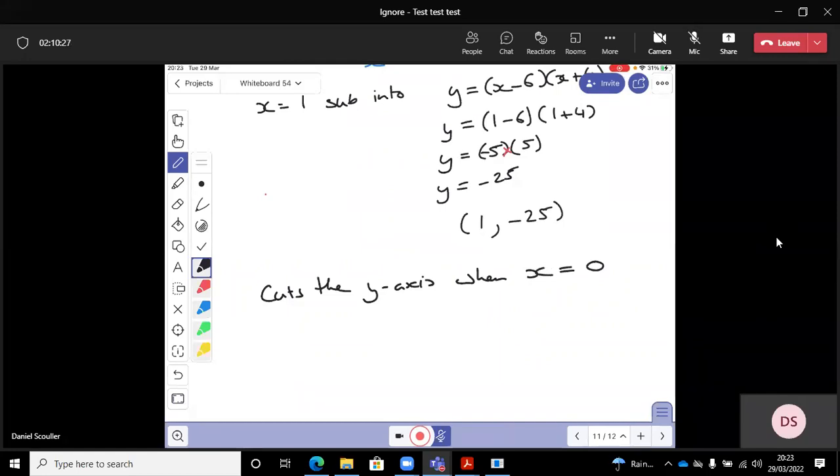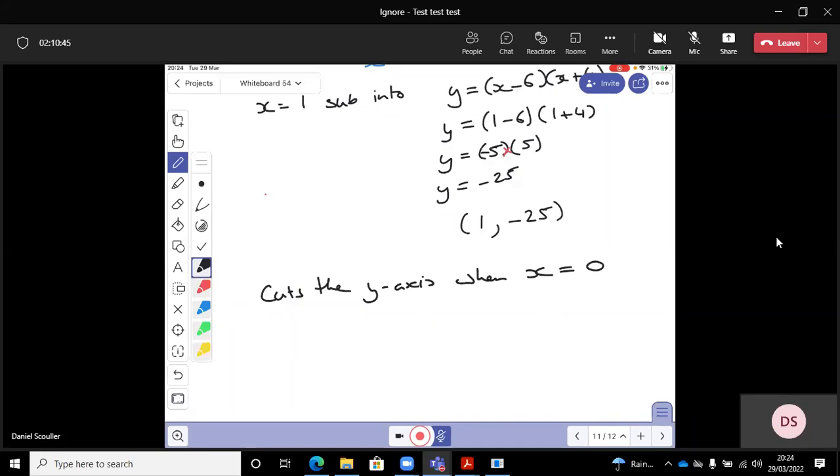So where the graph cuts the y-axis, we say x is equal to 0. Where it cuts the x-axis, we say y is equal to 0.